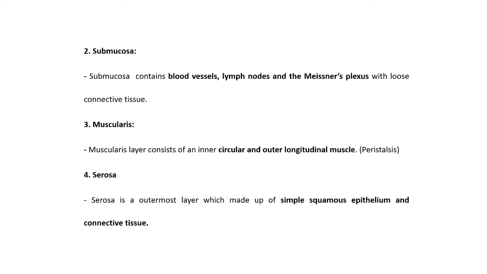These submucosa help to absorb nutrients from the lumen of the intestine, because whatever food is digested in the form of fatty acids and glycerol, it is to be absorbed from the digested food into blood by these submucosa.